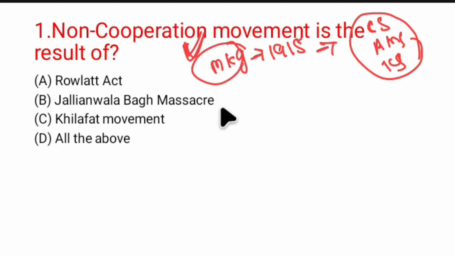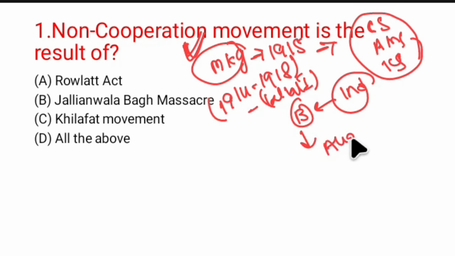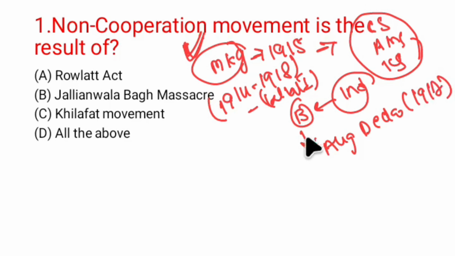And then from 1914 to 1918, World War I happened, and the Britishers needed Indian support, and the Britishers promised the August Declaration in the year 1917.